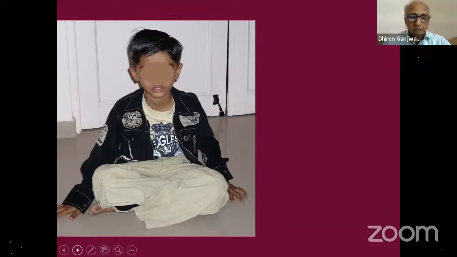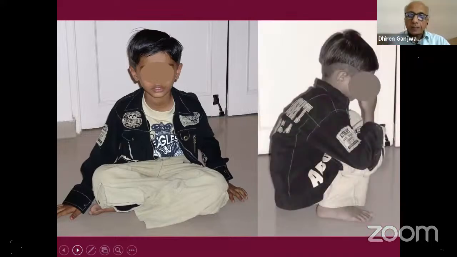So that's the common position, sitting cross-legged. Similarly, a lot of people in rural parts of India go for this position. Squatting is a very important thing for daily activity.